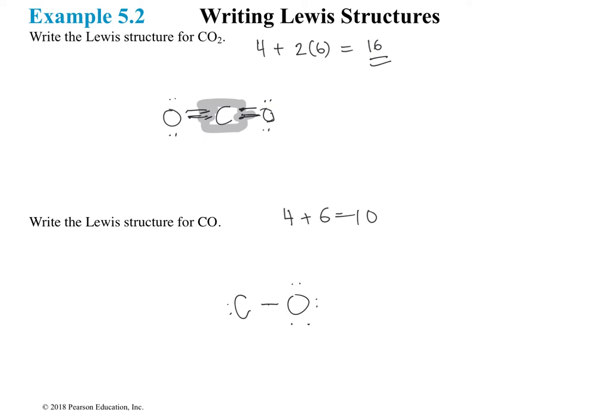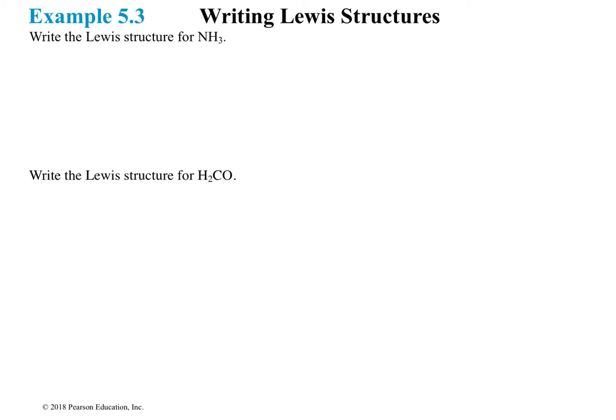So I'm going to move this set here to be a bond. So now carbon has 2 from the lone pair, 4, 6. So getting close. I'm going to erase one more from oxygen and move it to a bond. So now each of those have 8 electrons, and we have our 10 valence total.